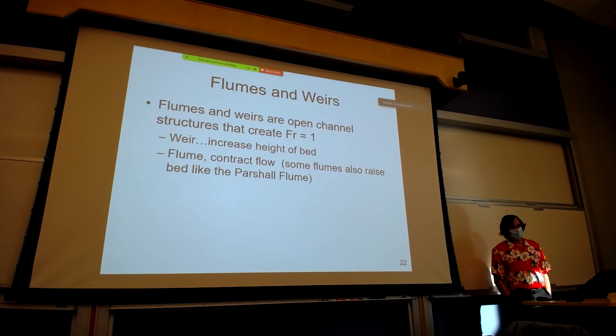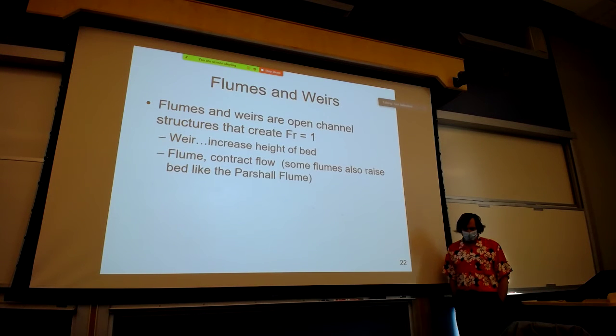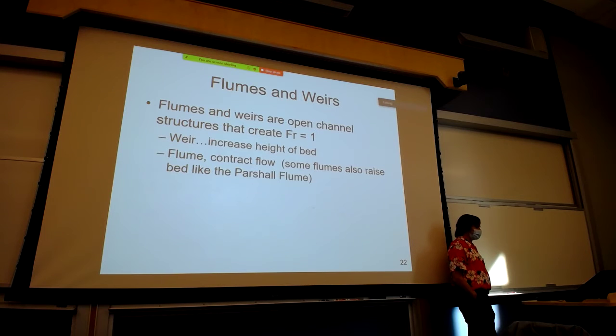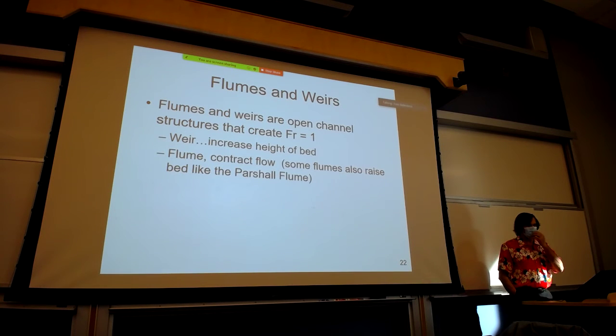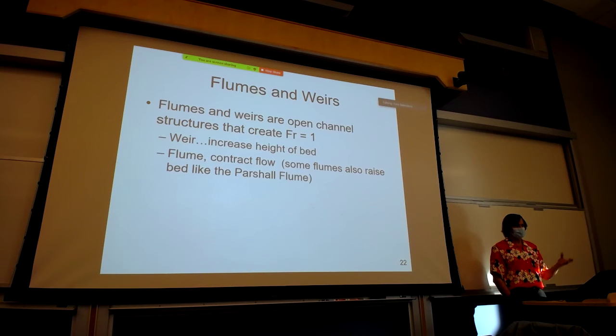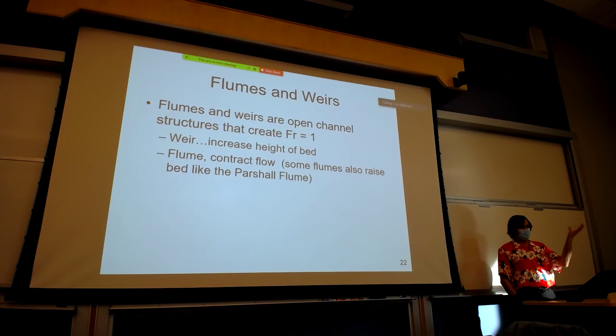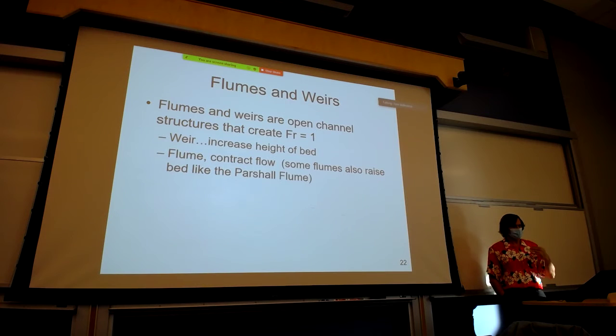And what a flume does is it creates a contraction. So remember, when we were talking about closed conduit flow, and we were talking about venturis, which is a contraction and an expansion, and you had labs on venturis, when we go from a large cross-section to a small cross-section, we increase the velocity.